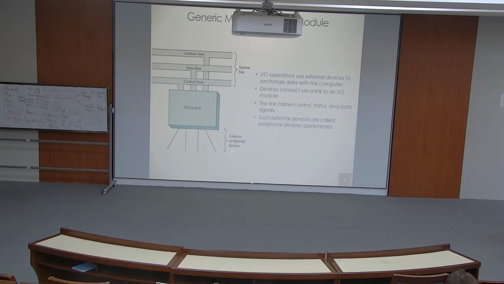So this is the generic model of the input-output module, which connects all the input-output devices. All those devices need to connect via a link to an input-output module, and the link has to carry the control, status, and data signals.